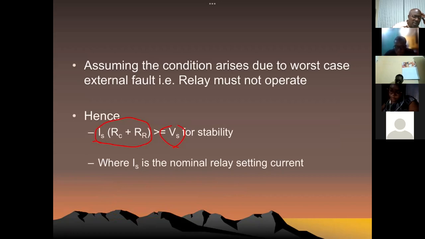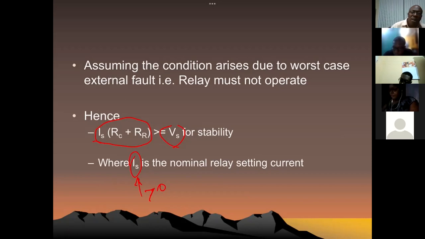And remember we said that the operating current of your relay is not simply greater than 0. It must be beyond a threshold. So there's a minimum current required to operate the relay. What you're seeking to do is that when you have this worst case, this external fault, which causes this massive current to pass through, you want to ensure that your differential system remains inert. It will remain inoperable.